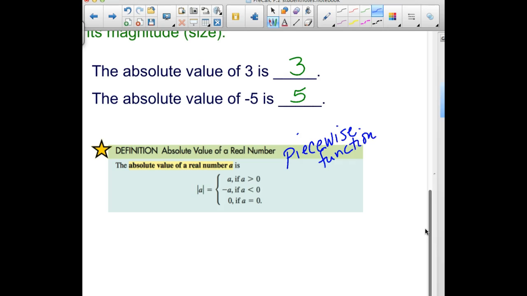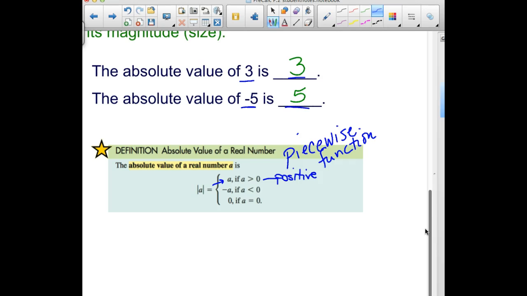If you remember piecewise functions from Algebra 2, that's where we split our graph into several different chunks. The absolute value of a positive number, like this 3, stays a 3. Nothing changes. So when a is positive, the absolute value of a is just a. If a is negative, like we had here, the absolute value turns it positive.